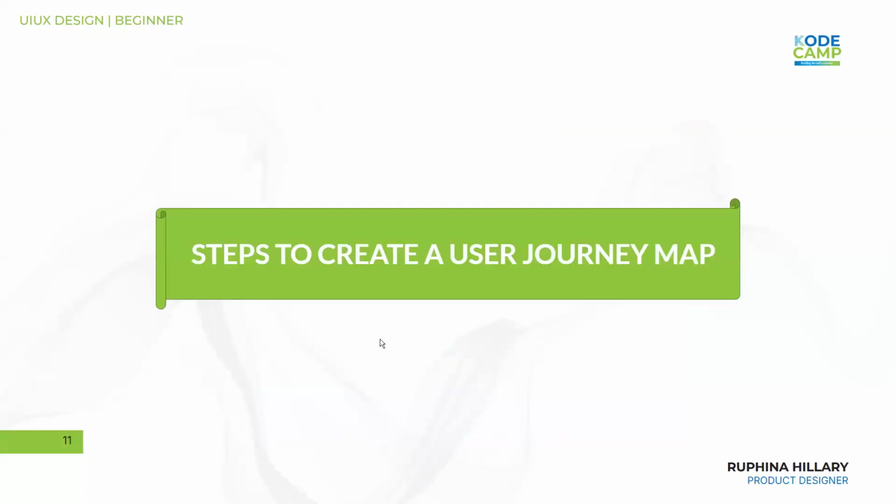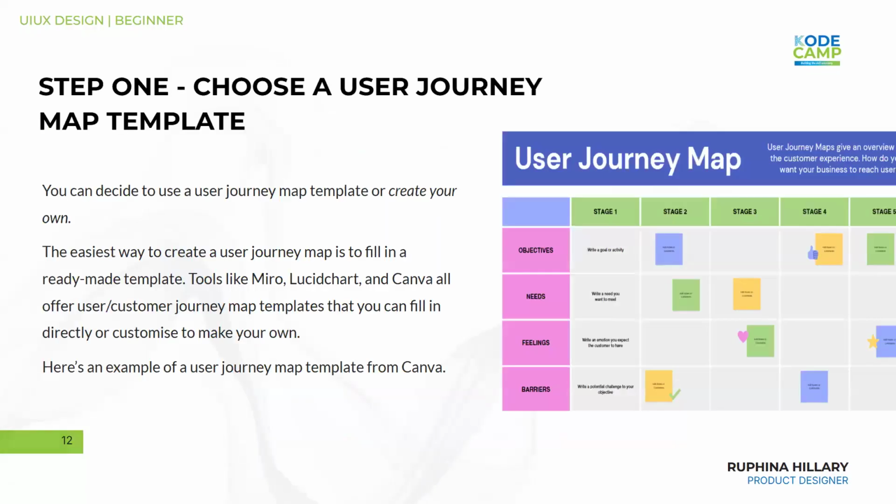So, steps to create a user journey map. We have talked about the elements, talked about when to create them, and why we create them. So now, how do we create them? What are the steps to creating a user journey map? The first one is to choose a user journey map template. You can create this template yourself, or you can just get one from Miro, Lucidchart, or Canva. It can be easily gotten from Canva.